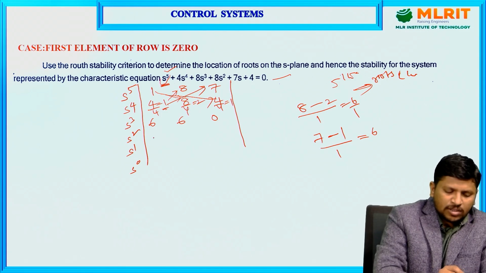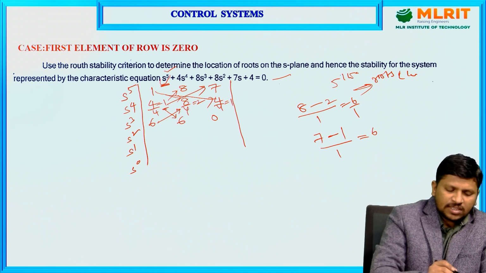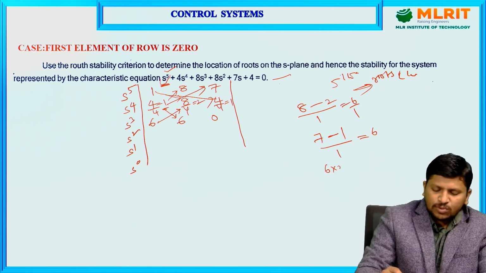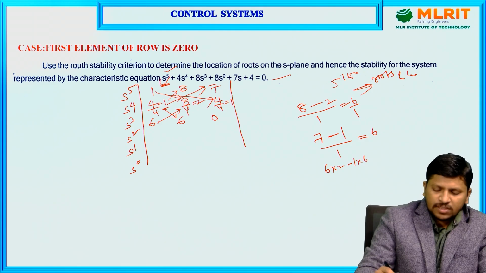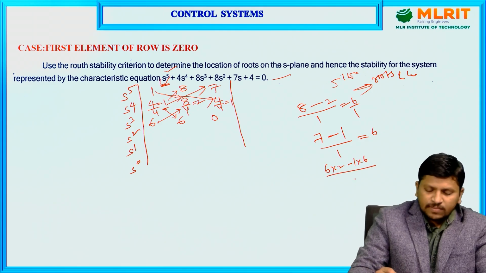Now the s square row. For that calculation: 6 into 2 minus 1 into 6, divided by 6.